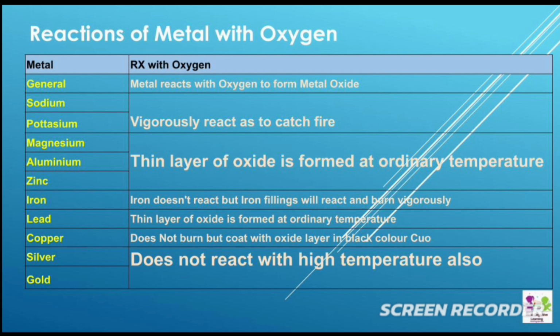Meaning only the top layer of the metal gets oxidized. But iron does not react in bulk, whereas iron filings will react very vigorously. Lead forms a thin layer of oxide at ordinary temperature. Copper does not burn, but gets coated with an oxide layer, which is copper oxide, black in color. And silver and gold do not react with oxygen even at high temperature, because they have very low reactivity. Okay, so this is how different kinds of metals react with oxygen.